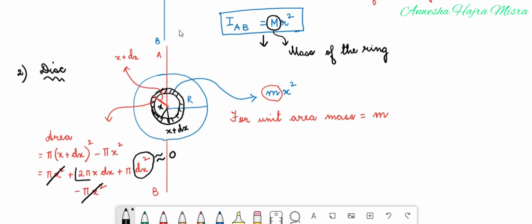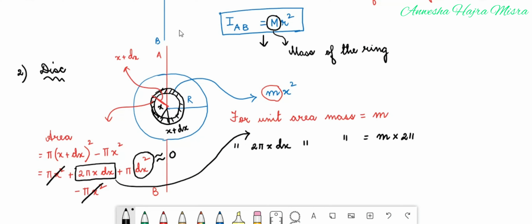So we are left with only the term 2 pi x dx for the area. So for 2 pi x dx area, the mass is m into 2 pi x dx. This is the mass of the ring.